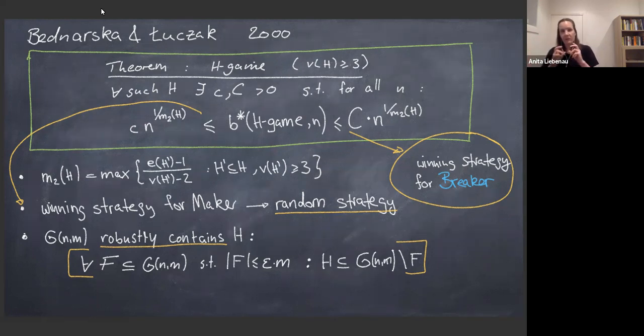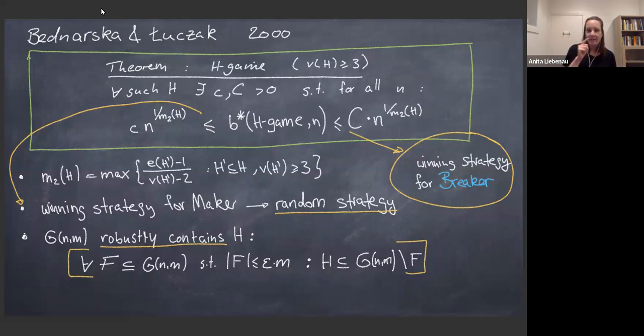So in fact, what they proved is that for this G(n,M), maker can occupy a subgraph of G(n,M) which has almost all of its edges, so a (1 minus epsilon) proportion of M.